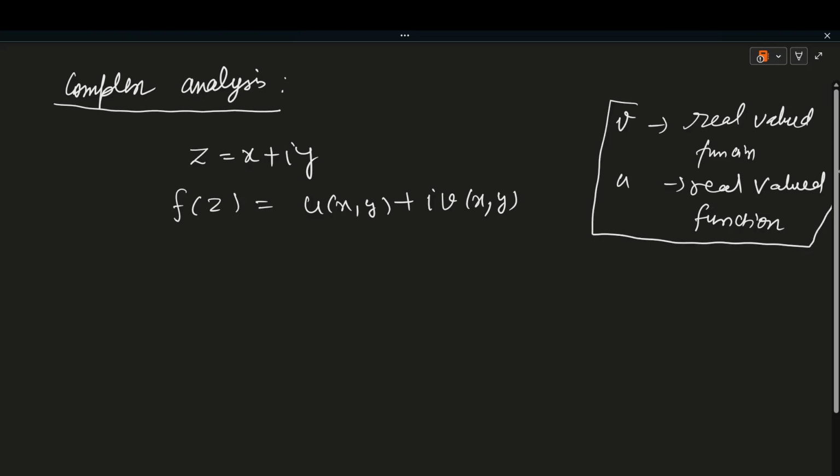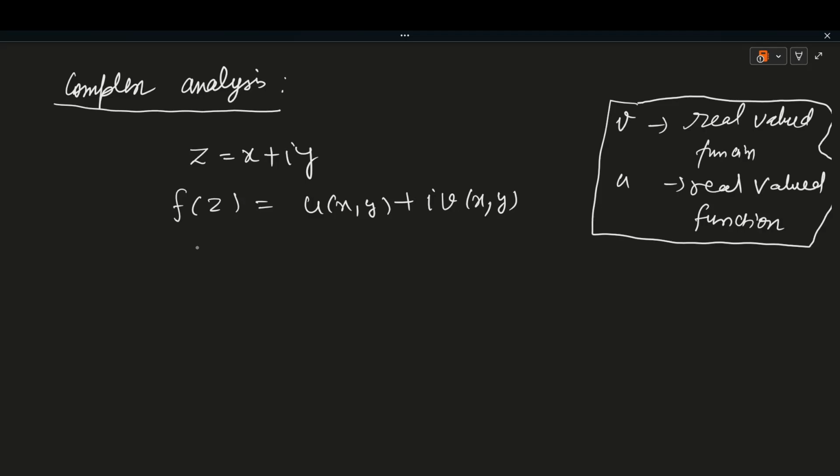So v and u are real valued functions, and they combine to give the complex valued function. This z is a complex number that we know, but we want to analyze this function f(z). So we want to think about the differentiation, limit, and integration of f(z). So we are saying this is complex analysis.